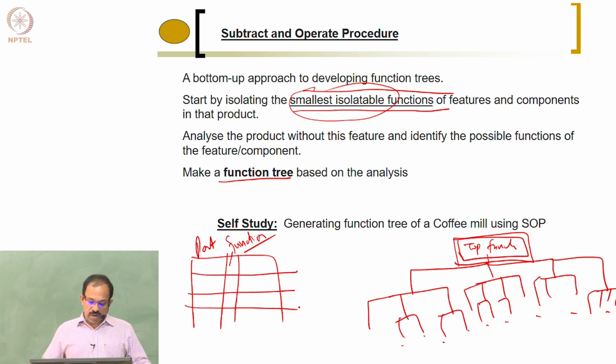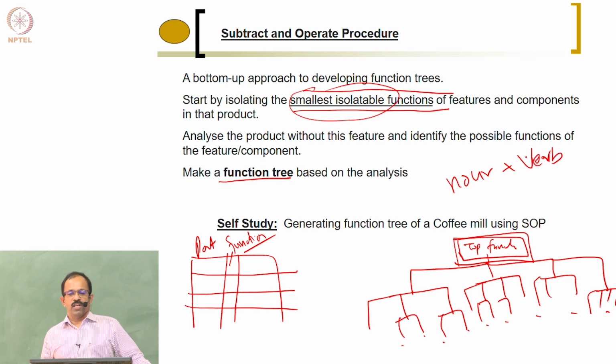And when you write a function, you have to keep in mind that the function should be written as a noun and a verb. For example, transmit torque. So transmit torque is a function.